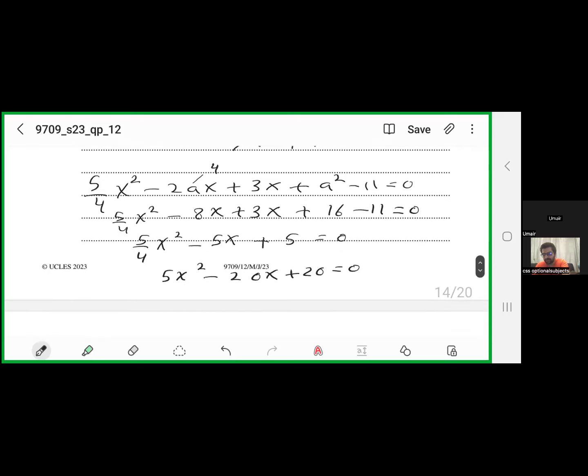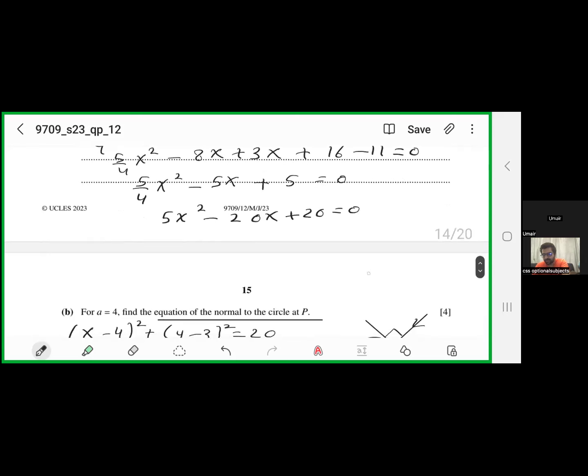Let us solve this equation through the quadratic formula. Okay, let us do the middle term break. 5x square minus 25x plus 5x plus 20 is equal to 0. You can take out common 5x, so it will be x minus 5 plus 5.